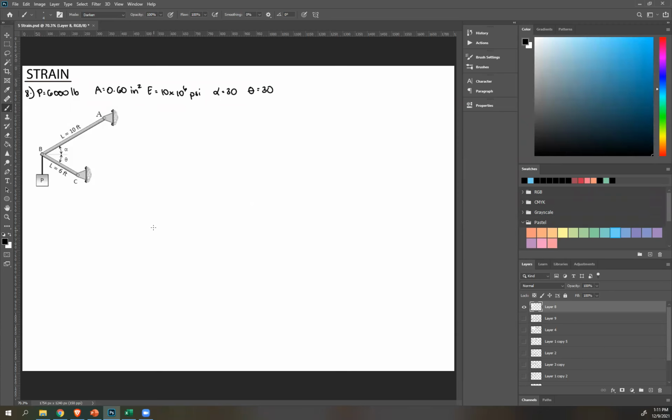So let's draw a free body diagram of this. There's a downward force P, because weight is always downward, 6,000. What else? We have these two, right? And then there's this angle, 30.